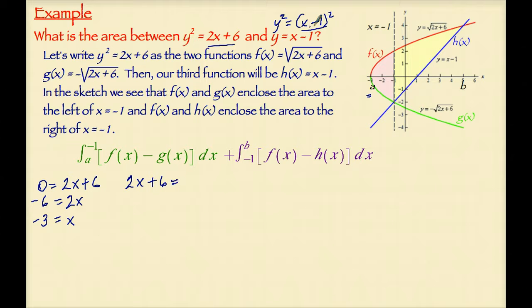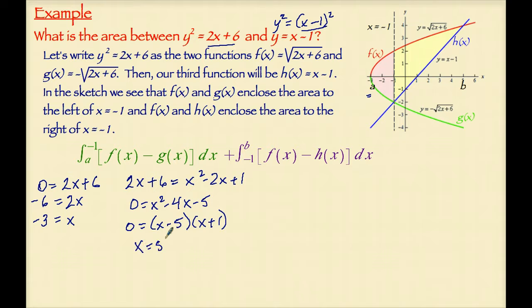And when we square this binomial, we get x squared minus 2x plus 1. 0 then will be x squared minus 4x minus 5. And when we factor this quadratic, (x minus 5)(x plus 1), we find 2 points of intersection at 5 and at -1.